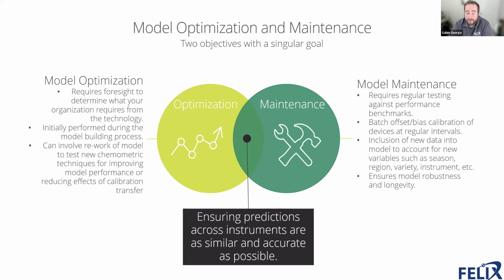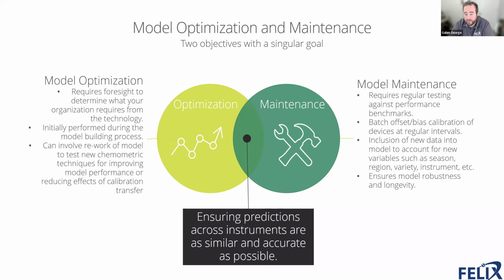Once you decide that you want to deploy multiple instruments from a model you built with a single instrument, you're going to have to think about model optimization. You're going to have to think about how we optimize this to work across all the devices so that it's performing similarly across all those devices. So that foresight is really important to determine what you are going to require from the technology.